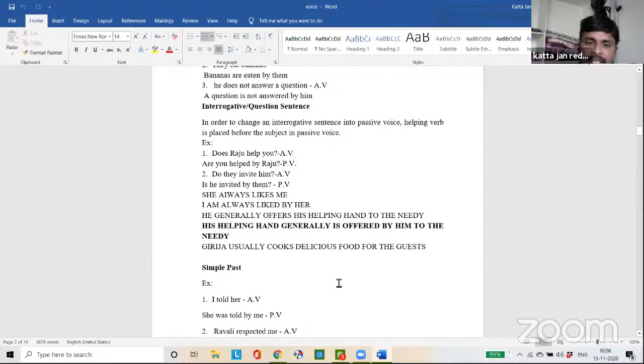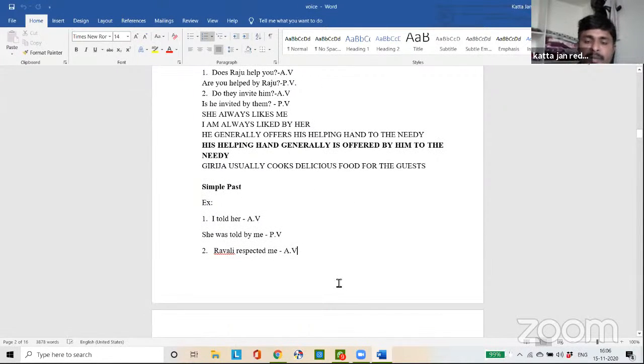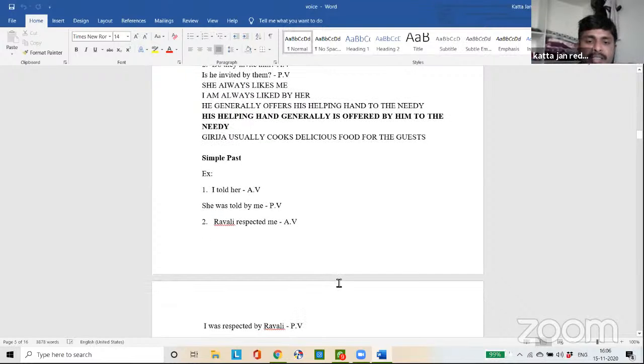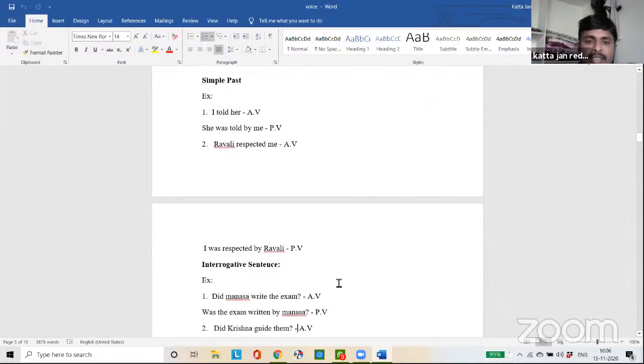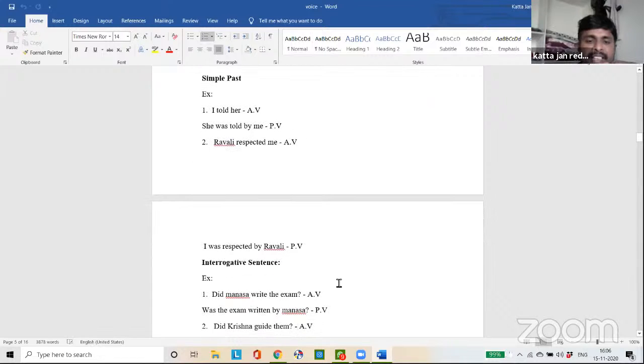I think simple past tense is the one we started in the last class, right? Yeah, I think these 2 examples were finished, right?